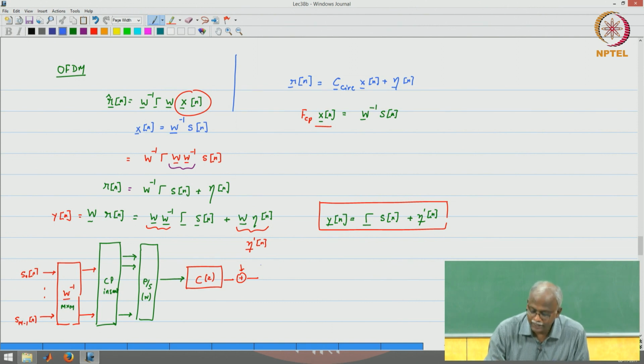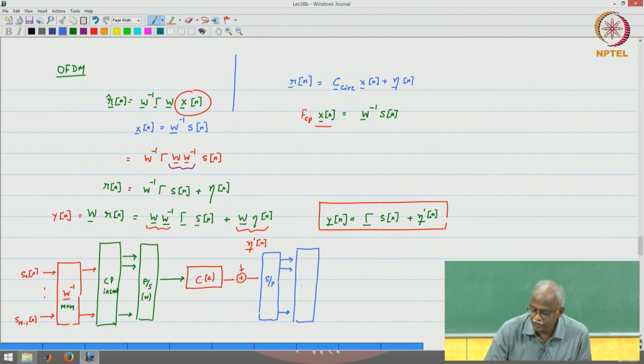Then at the other end I have to remove the CP. So basically let us do the serial to parallel first, then the removal. So we will get these n outputs. This is the CP removal, and then what I will be left with is a vector of dimension m.